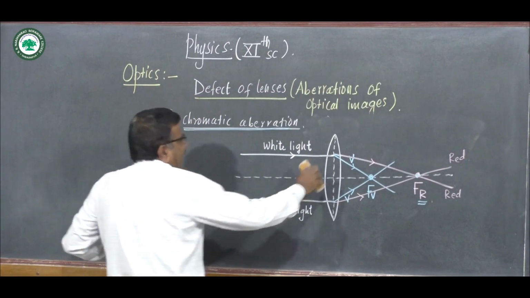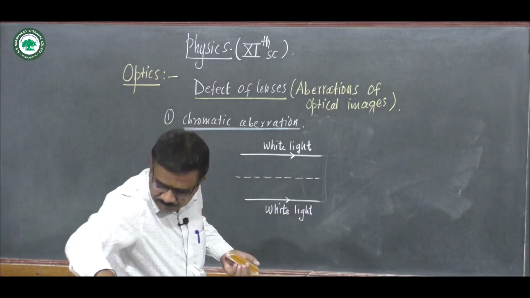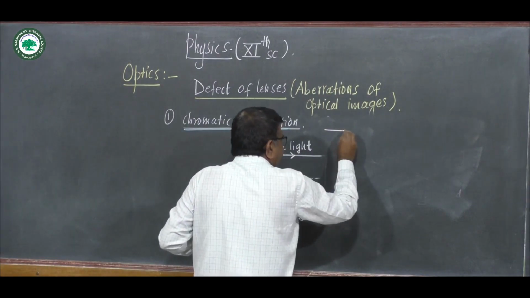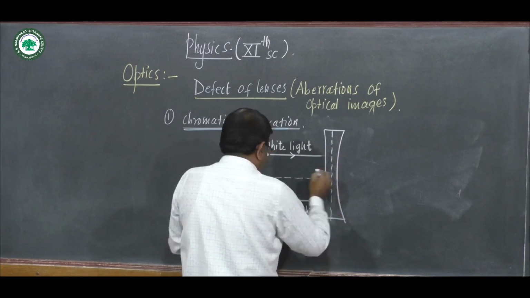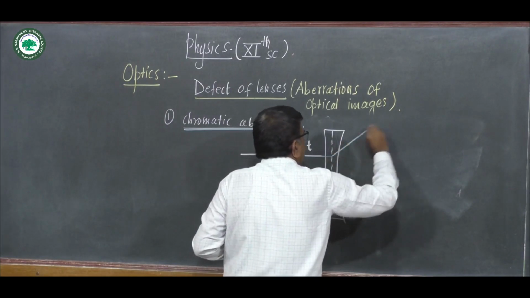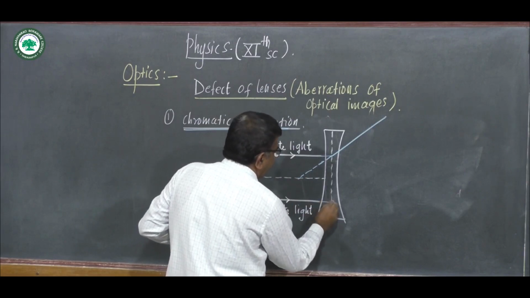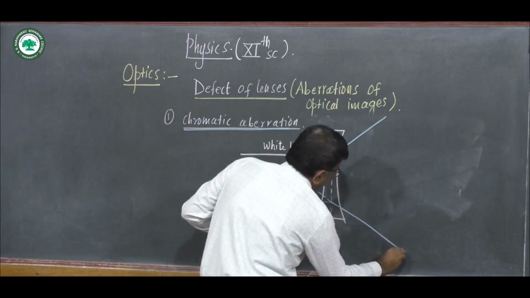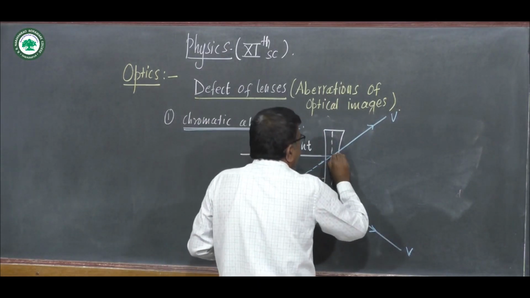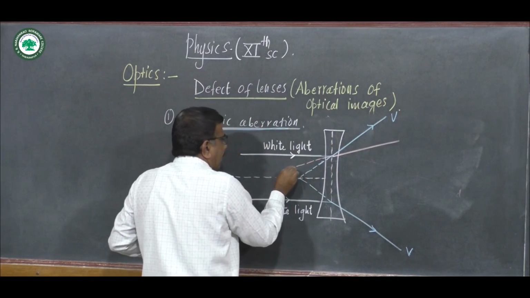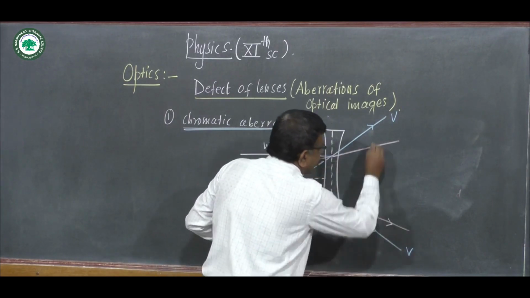Similarly, if we consider the concave lens, these are the violet rays and then the red rays.